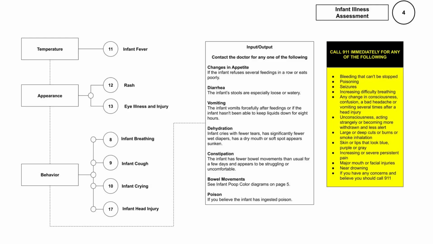The baby is just really, really uncomfortable and is not getting any better. Major mouth or facial injuries, a near drowning, we want to call 911 immediately.